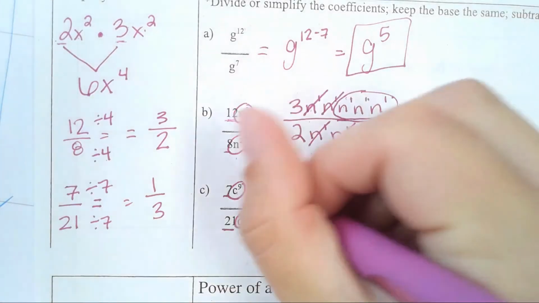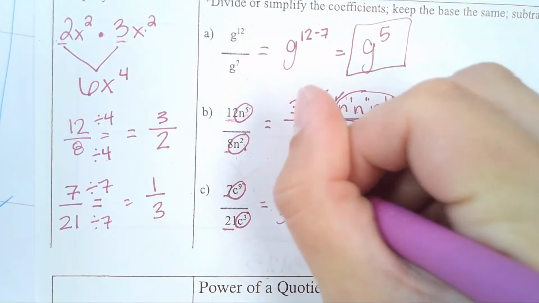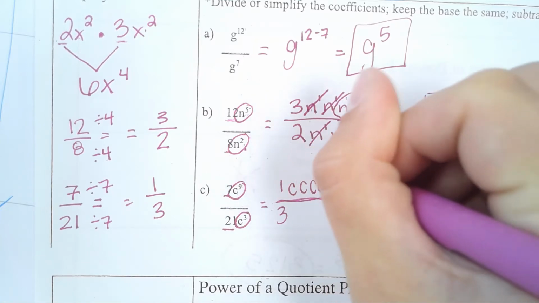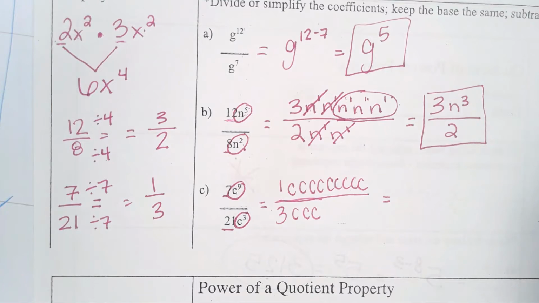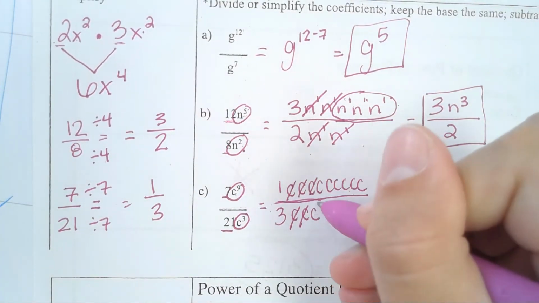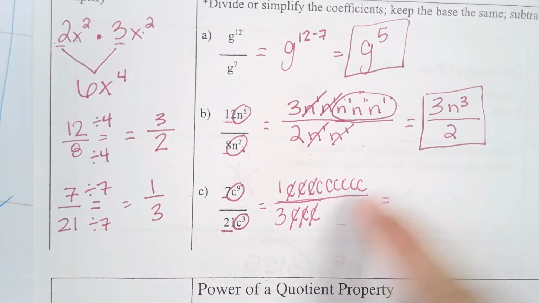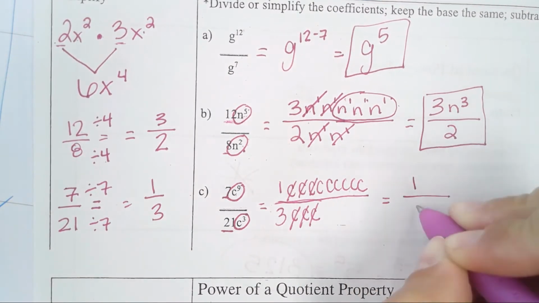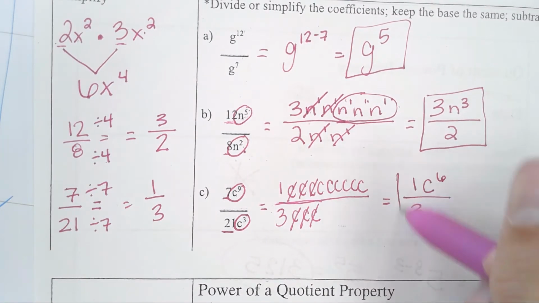So again, I can give you a visual representation. We have 9 c's up here, and we have 3 c's down here. If I were to cancel out my c's that match up the top and the bottom, I still have more c's up top. So that is why your c to the 6 is going to be in the numerator and not the denominator.